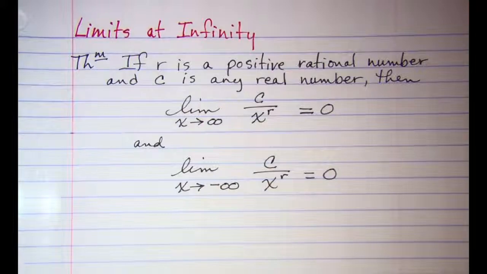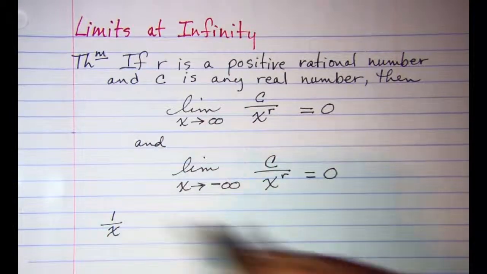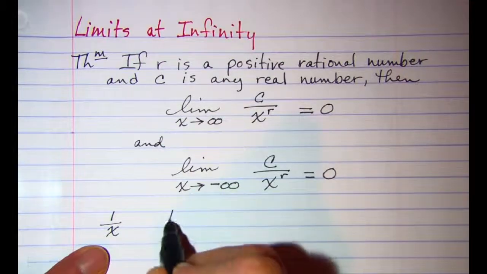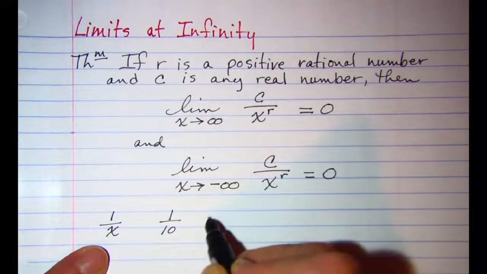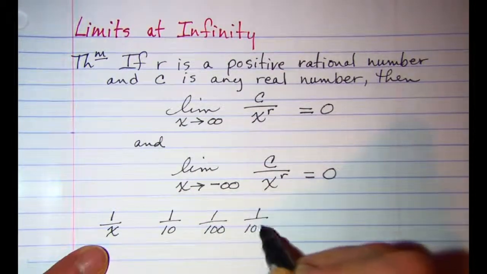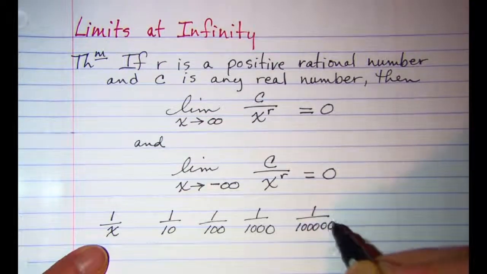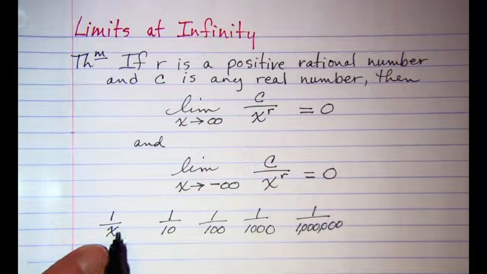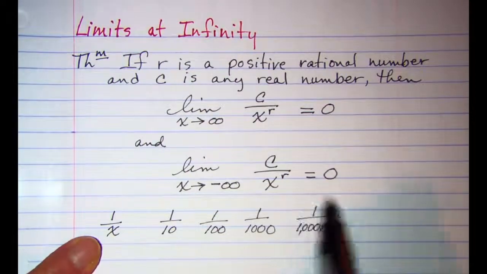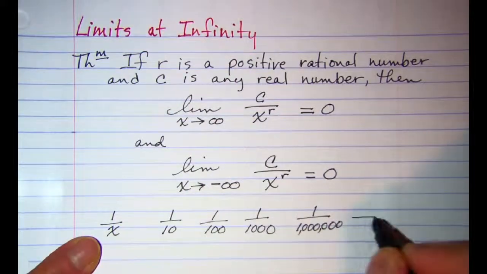To get a feel for this theorem, let's just look at 1 over x. Now, as x approaches infinity, that would mean that we're going maybe from 1 over 10, and then 1 over 100, and then 1 over 1,000, and 1 over a million. And as our x value gets bigger and bigger, this whole fraction approaches 0.